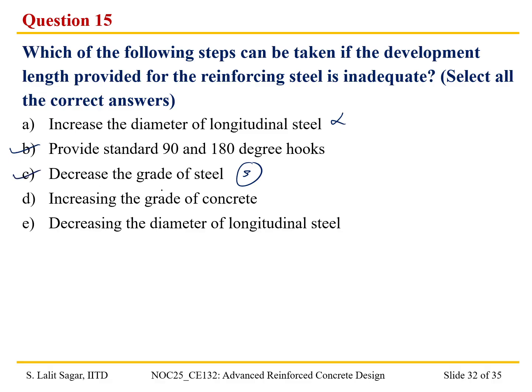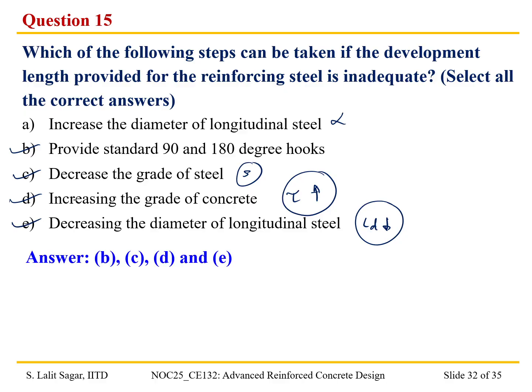When you decrease the grade of steel, the required development length also decreases. We can increase the grade of concrete, that will increase the value of the bond stress, that is tau. That is also a viable option. And finally, we can decrease the dia of longitudinal steel, because when you decrease the diameter, the development length also decreases, as we have seen in question 15.